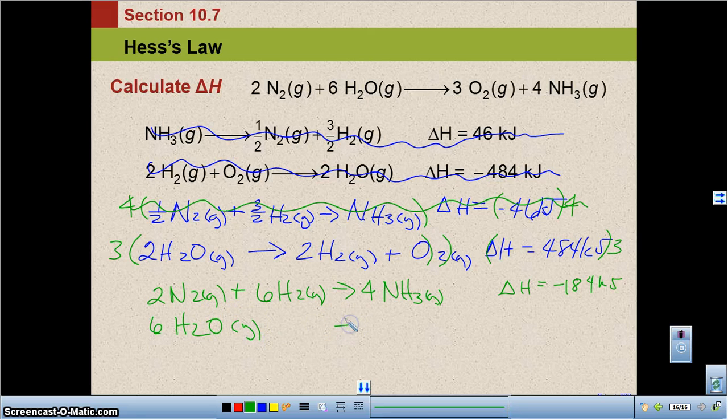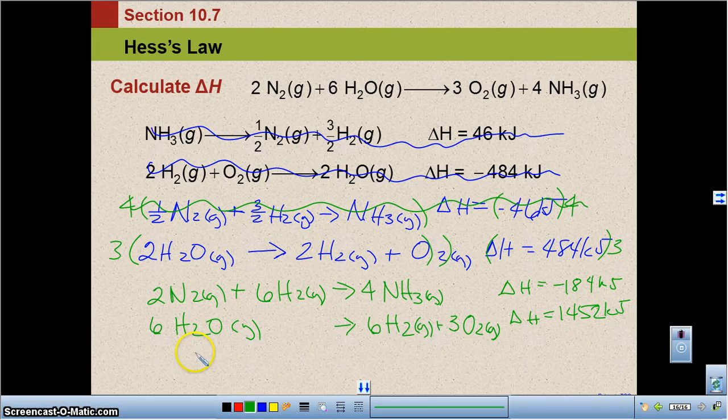And I'm going to scoot this arrow down here just so that it's really clear what are on the left and what are on the right. 3 times 2 is 6 H2s plus 3 O2s. And my delta H is going to be multiplied by 3, so 484 times 3 is going to be 1,452 kilojoules.